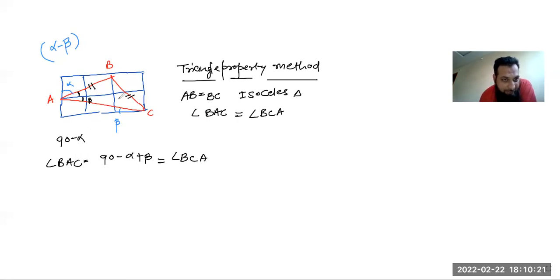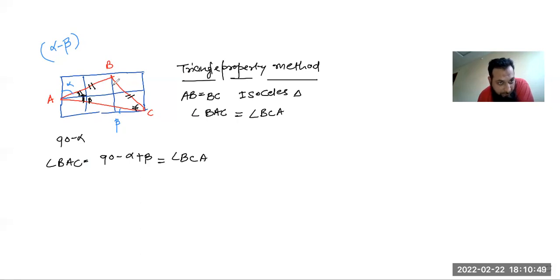Because we just said that the triangle is isosceles and angle BAC is equal to angle BCA. So this angle is also same as this whole angle. These both angles are same. Let us find out this angle. According to the angle sum property of a triangle, the whole three angles of a triangle add up to 180 degrees.